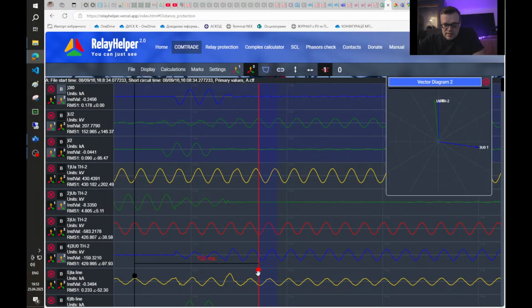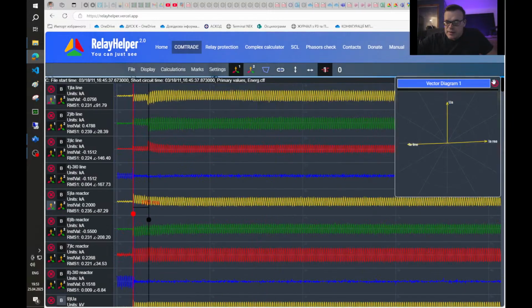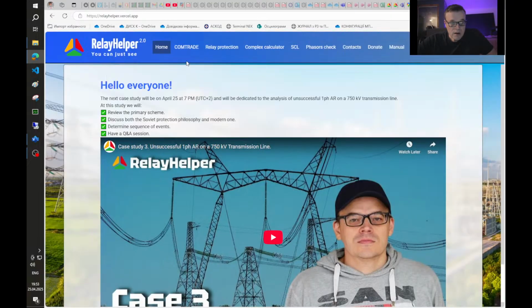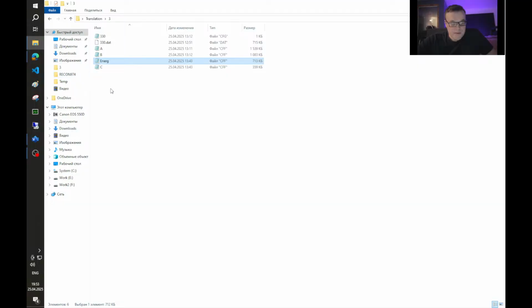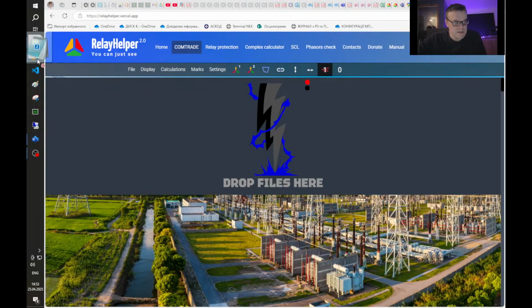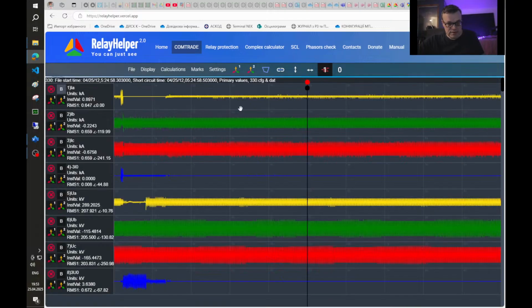In this case, we can see that the arc went out very quickly, and this is because of the shunt reactors and because the line is not very long. But I can show you the case of a 330 kilovolt line, single phase short circuit and reclosing.